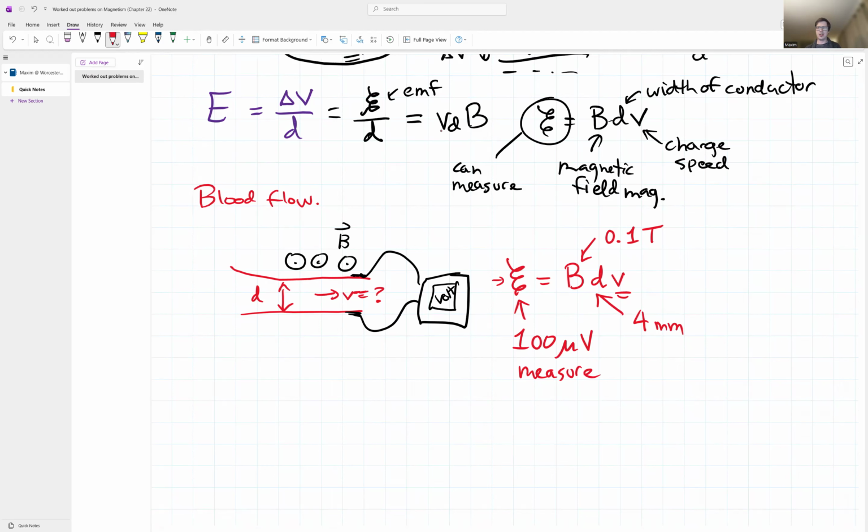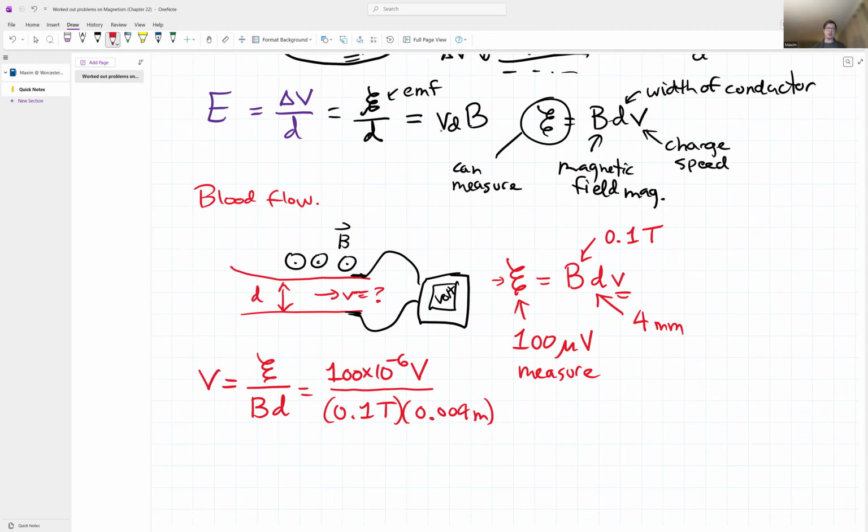So, okay, let's solve for V. V is equal to this EMF that we would measure with a probe of some kind, divided by the magnetic field times the diameter of the blood vessel. So if we have 100 times 10 to the minus 6 volts measured, microvolts, we have 0.1 Tesla for the B field, and the diameter is, say, 4 millimeters, so that's 0.004 meters.